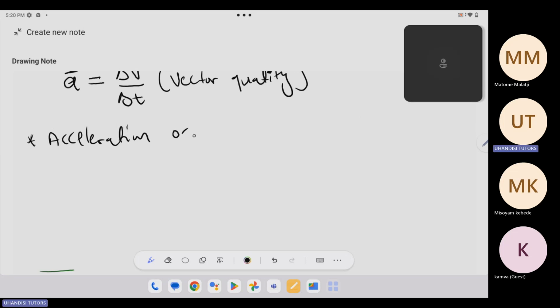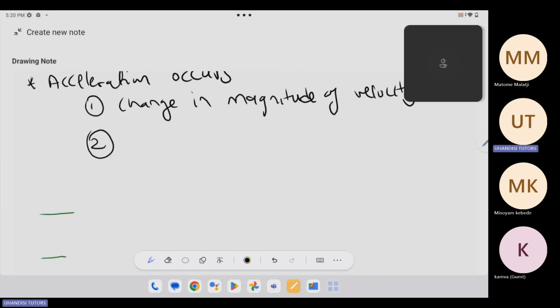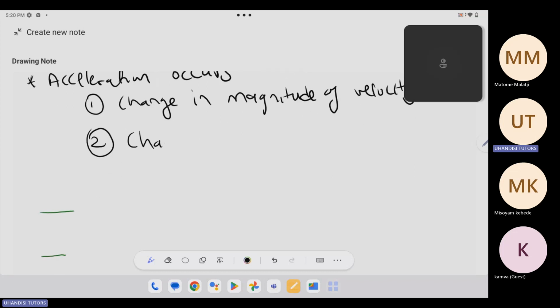First, it occurs by change in the magnitude of the velocity vector. And then secondly, the acceleration can also occur by the change in the direction. Okay, so it occurs in two ways.